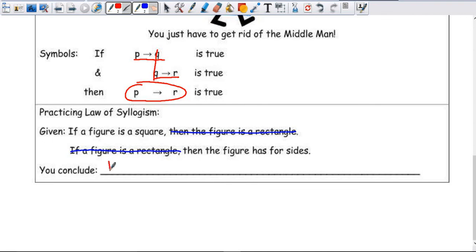If that happens, you can write it as if a figure is a square, then the figure has 4 sides. And you just combine the 2 pieces that were left over, all right?